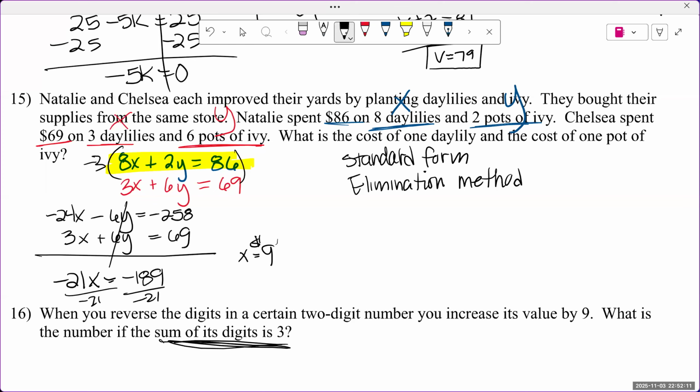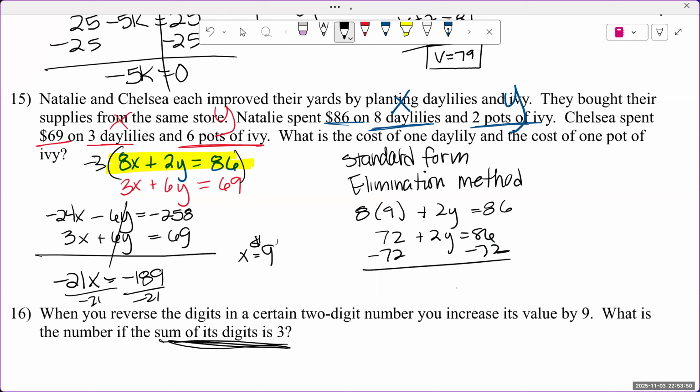So 8 times 9 plus 2y is equal to 86. That's 72 plus 2y equals 86. Subtract 72. 2y is equal to 14.